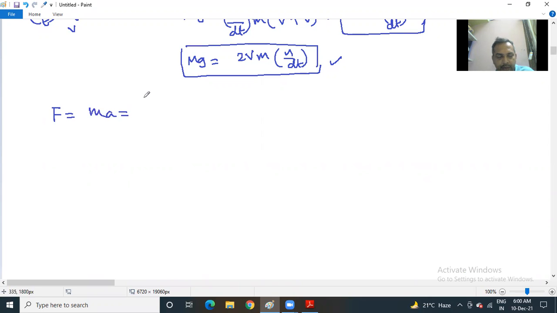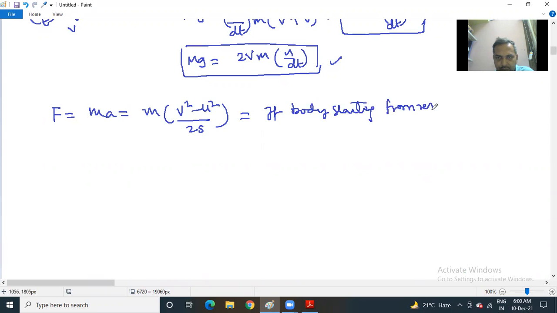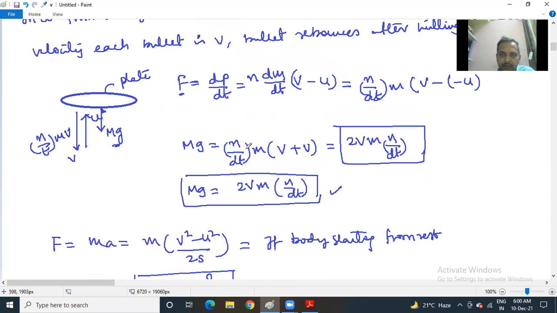Even a can be replaced with v square minus u square by 2s. So if they mentioned body starting from rest, you can write v square by 2s. So there are different ways to express force. So there will also be numerical on this. So I'll continue with the numericals in my next video.